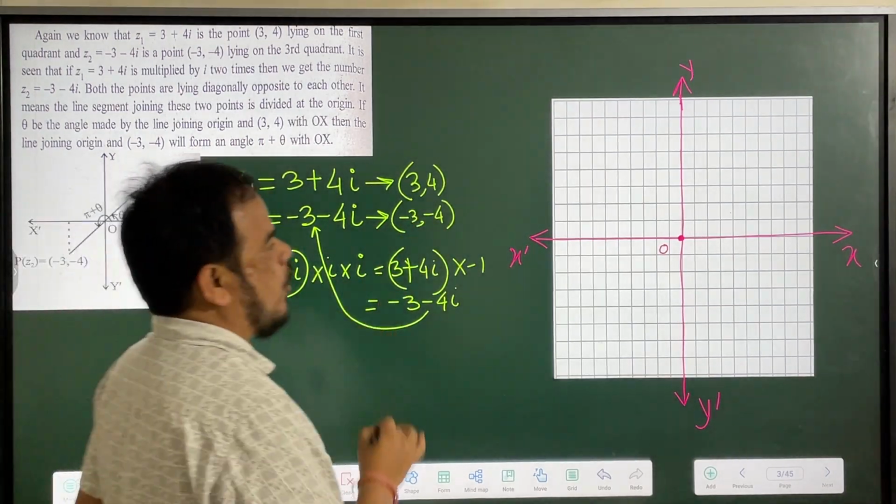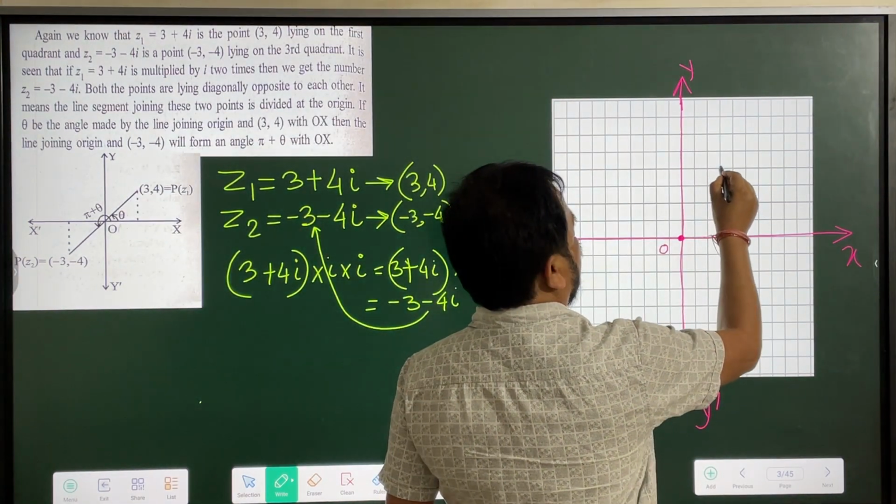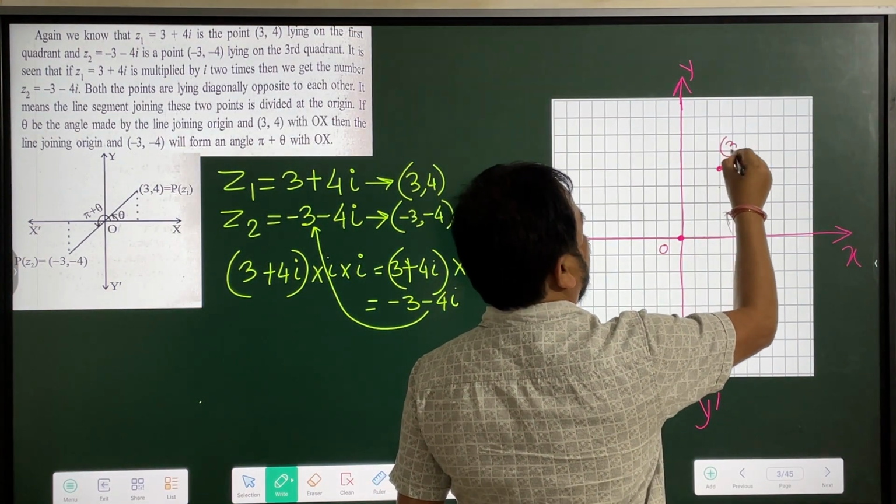We will just plot the point. 1 2 3, 1 2 3 4. This is 3 comma 4.